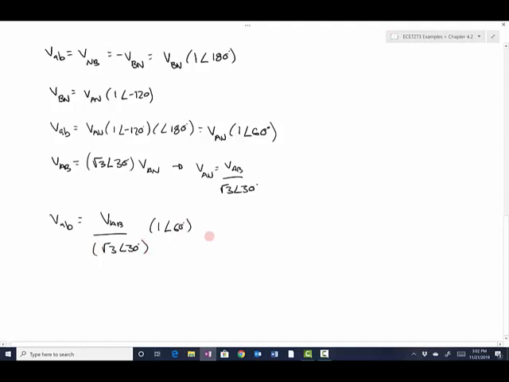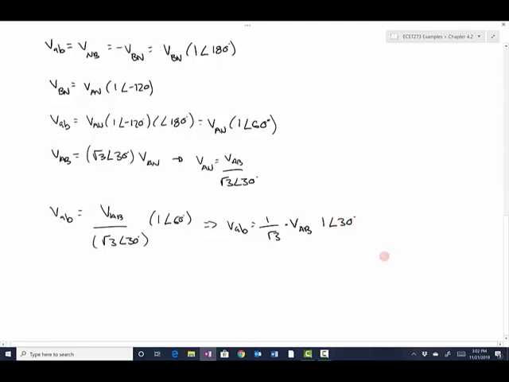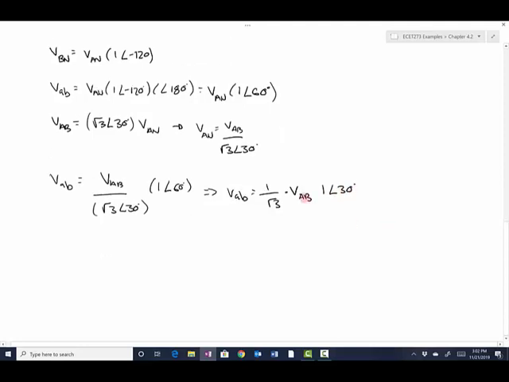And I multiply those together and I get VAB is equal to 1 over root 3 times VAB at 1 angle 30 degrees. Now, usually I want the output in terms of the input, so I'm going to solve for VAB on the secondary side, and that is going to be equal to VAB on the primary side times root 3 at an angle of negative 30 degrees.